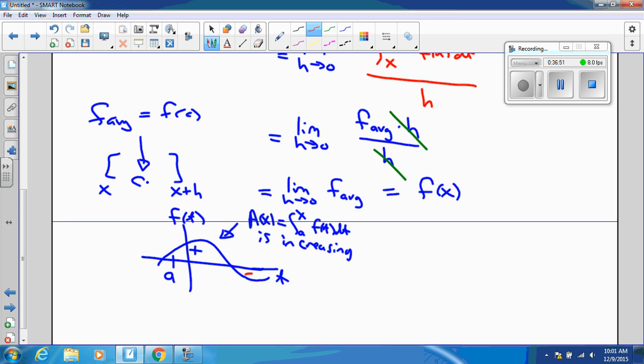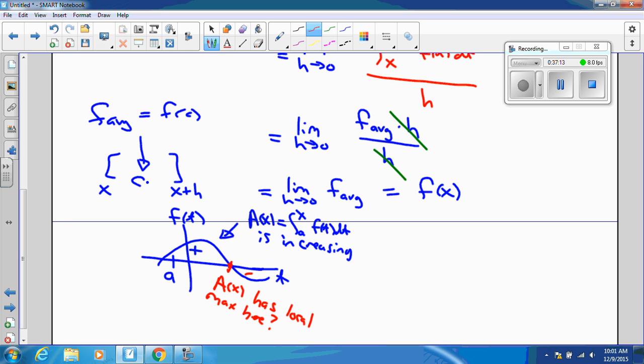Where will it have its max? Right when its derivative changes signs from plus to minus. The accumulator function will have its maximum value right there. Why?